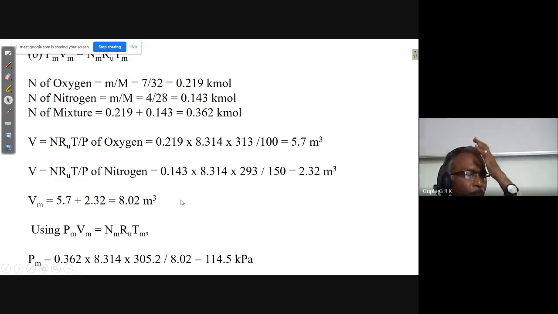And so using Pm Vm equals Nm R bar Tm, where Tm was found in the last slide, 32.2 degrees centigrade, and Vm is found here, 8.02, and R bar is known, and Nm, the total moles of the mixture, is given. So I can find the unknown, which is Pm. Okay, so that is the way I can find the pressure of the mixture.